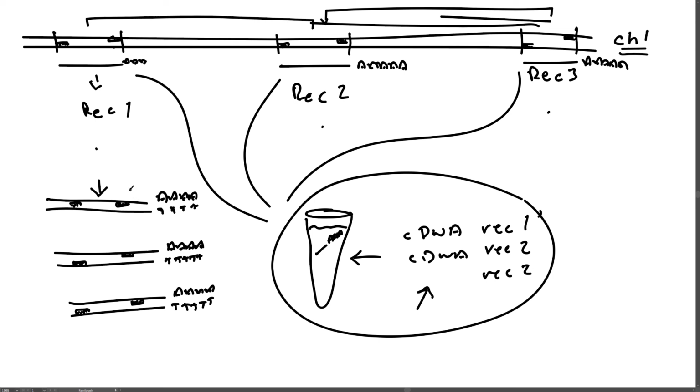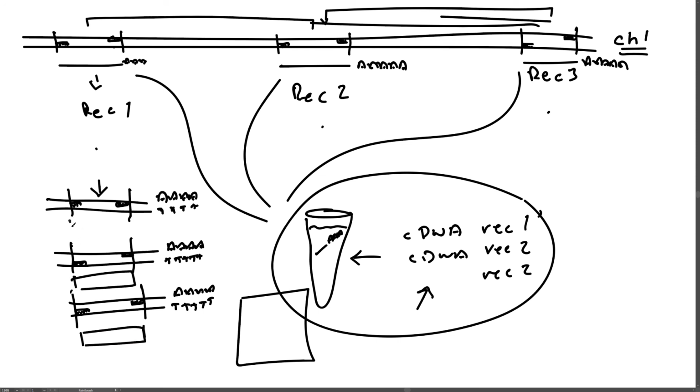So now if you amplify this region of this gene, this region of this gene, this region of this gene, or cDNA rather, and you ran it out in a gel, all three bands would be the same size. So you'd have one that's this size here, same size here, and same size here.